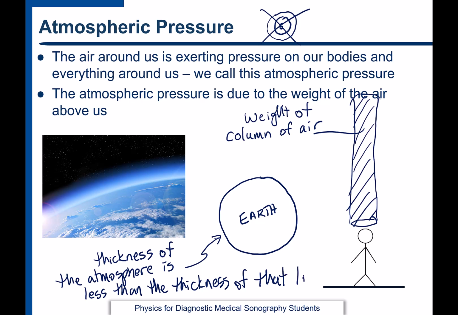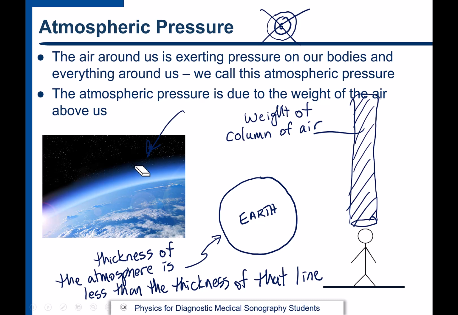So the atmosphere looks very big from our perspective, but if we draw the Earth at a scale like this, the atmosphere is very, very thin. So literally it's less than the thickness of that line. And you can get a sense of that with this diagram, that the atmosphere is really just this little bit above the Earth.